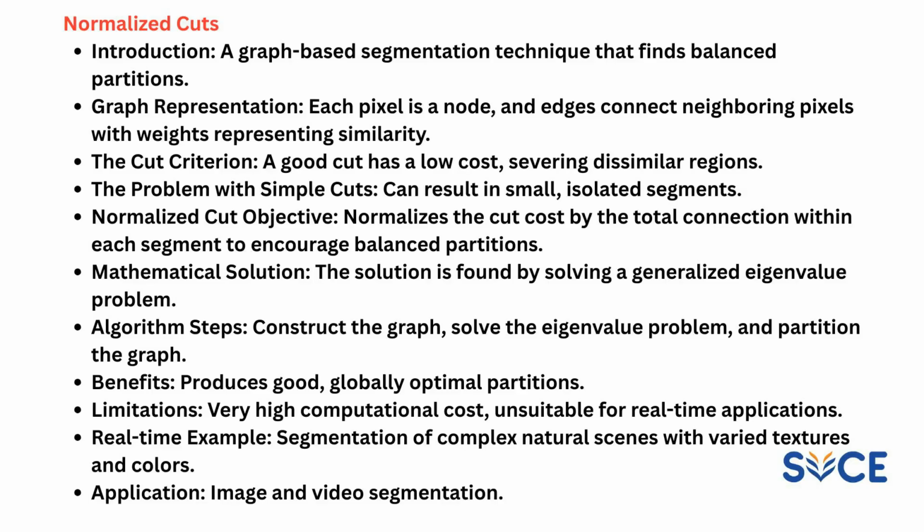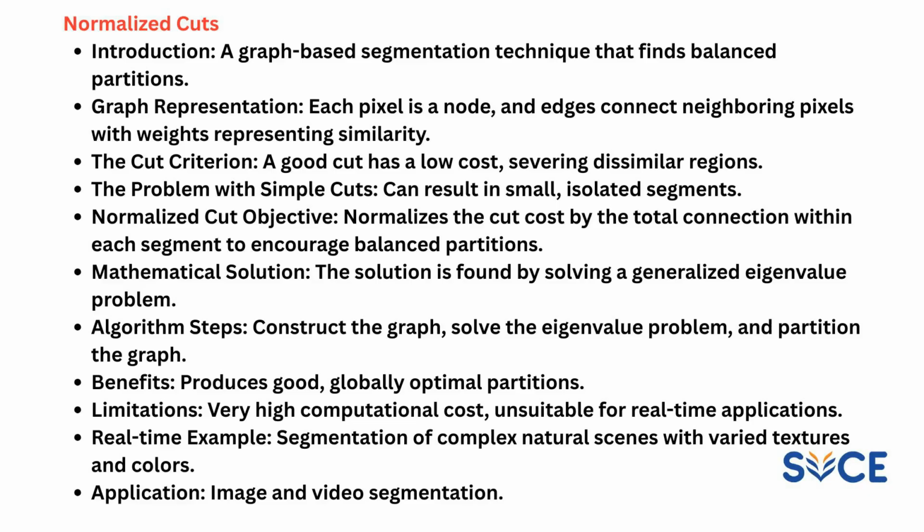So let me explain the steps. The process is as follows. First, construct the graph from the image, where pixel similarity determines edge weight. The second is to set up the mathematical problem using the graph properties.